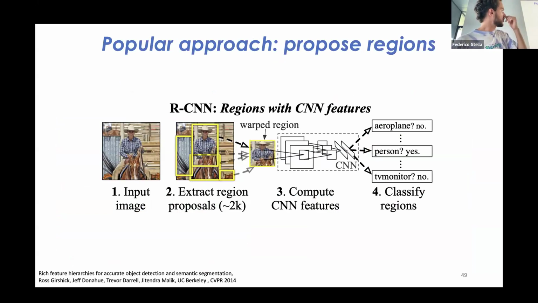A very popular approach that was presented in 2014 to do this, and in general, most approaches were working similarly to this, is the R-CNN. R is not recurrent, R is regions with CNN features.